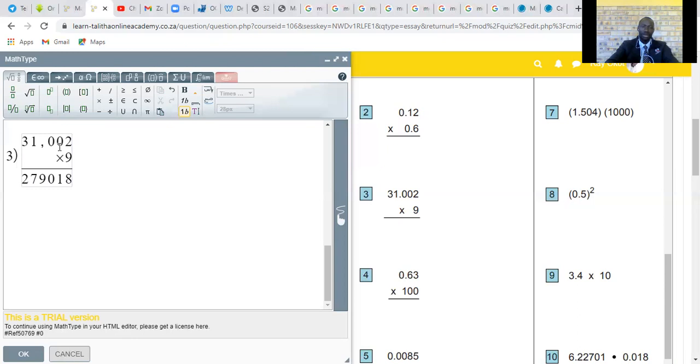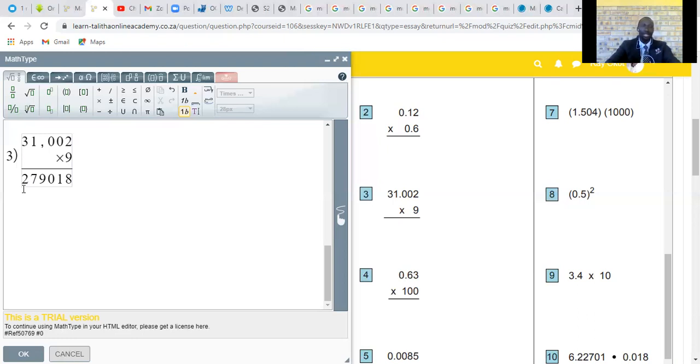We add the 1 we carried forward, and we write it down. Then 9 by 0, we get 0. Also 9 by 1, we get 9. Then 9 by 3, we get 27. We write 7. We want to carry forward the 2, but there is nothing to add the 2 on. So we just write the 2 down. And then what else is left? Well, there is no other number we have to use in the multiplication.